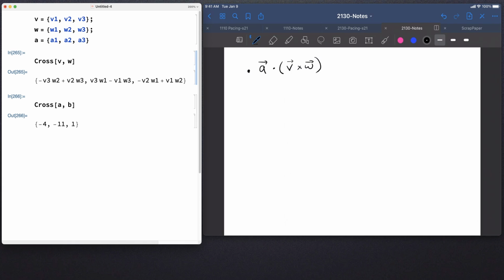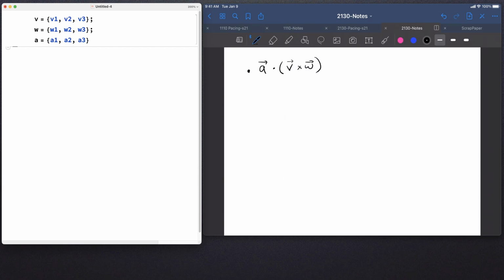We know that we can compute the cross product separately of V and W, and then because the cross product is a vector, it makes sense from a mathematical standpoint that we can take the dot product of those vectors to get a number.